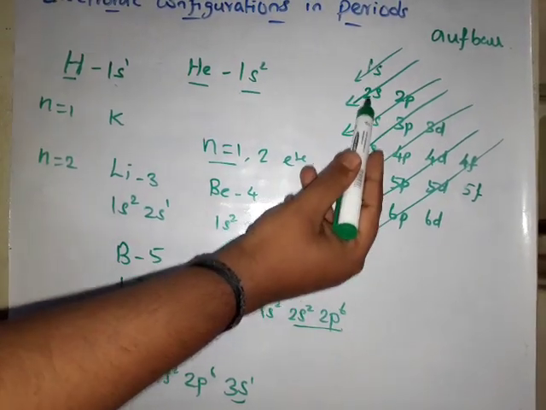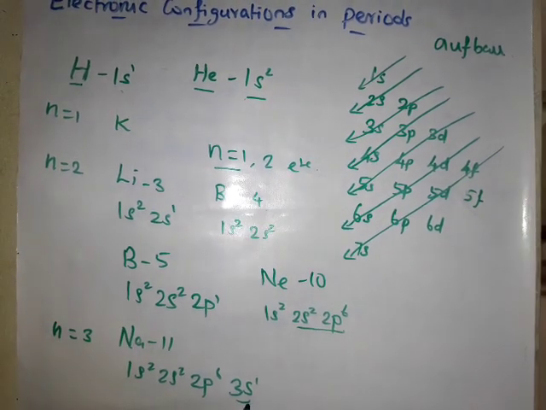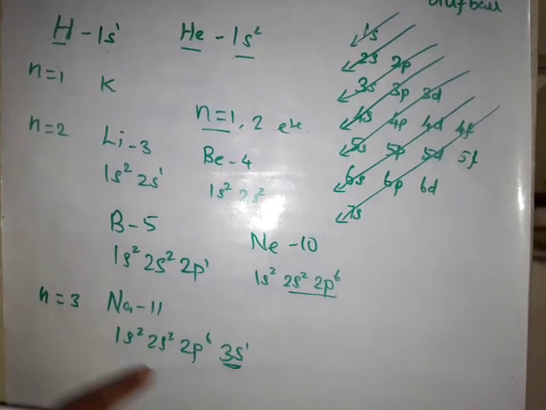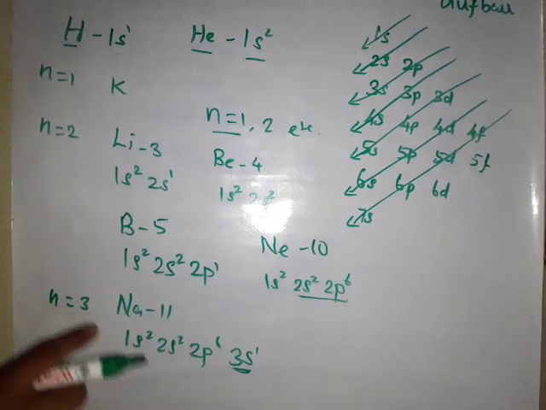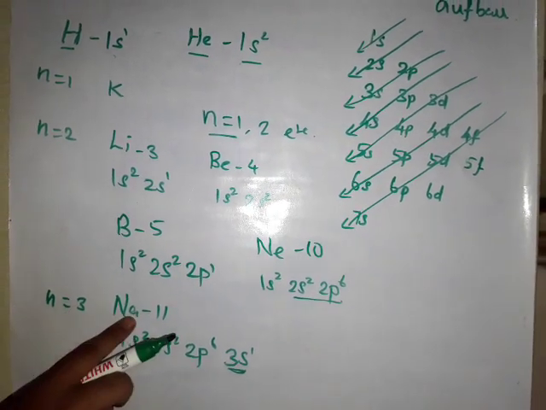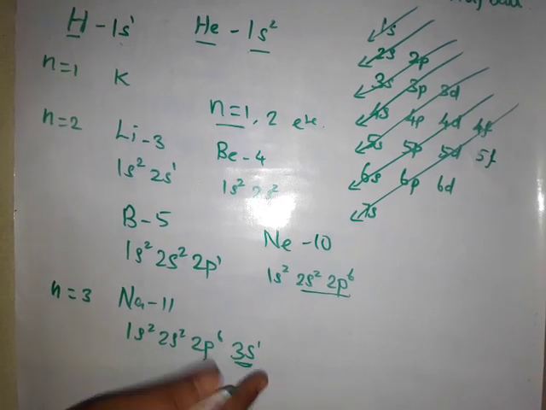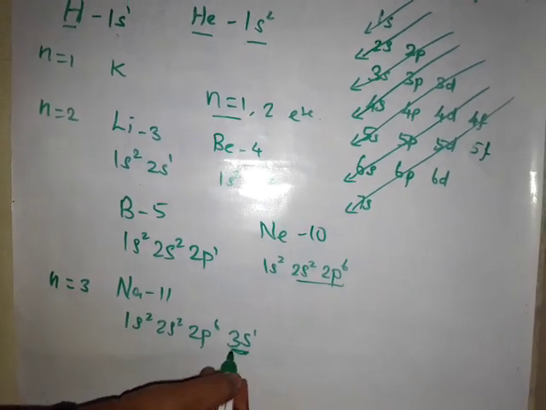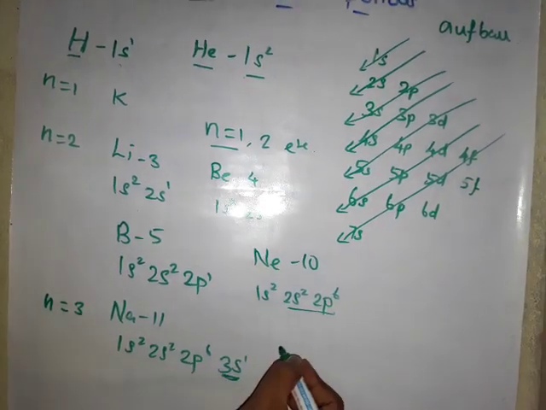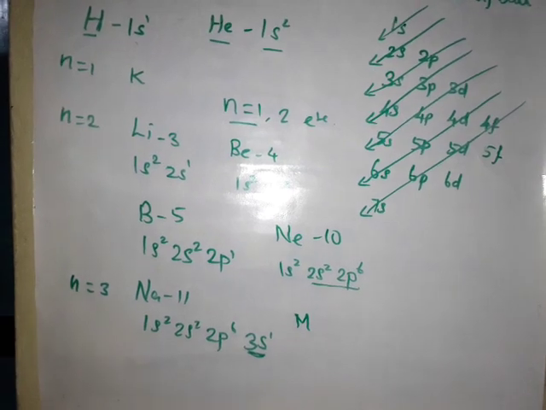First 1s, 2s, 2p, then 3s. So when the principal quantum number n equals 3, it starts with sodium. So period 3 has sodium as its first element. The 3s orbitals are involved here. That means K, L, M. The next shell is the M shell, and electrons start filling the M shell.